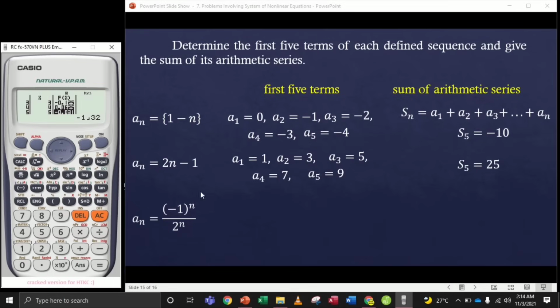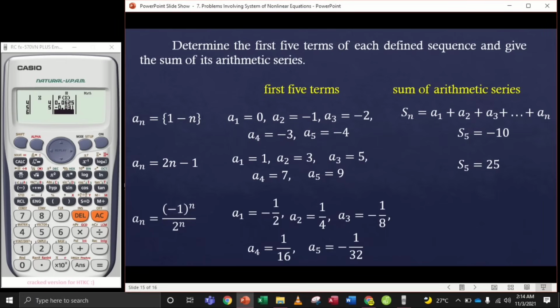Okay, so again ha, yung first term natin is negative 1 half. Second term is 1/4. Third term is negative 1/8. Fourth term is 1 over 16. And fifth term is negative 1 over 32. Okay, so parehas lang din. Alright. Then, get the sum of the arithmetic series. So, add lang natin ito. Makukuha natin negative 11 over 32.